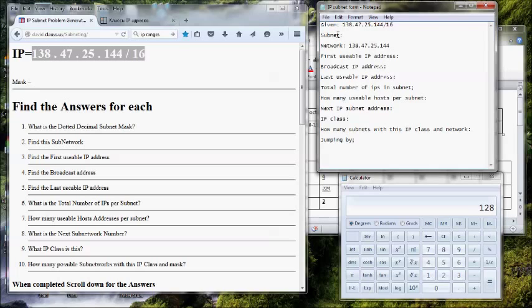It's going to tell us what it's jumping by. We'll know it's a /16, but this is a B, and so this is classful, and so this is 255.255.0.0.